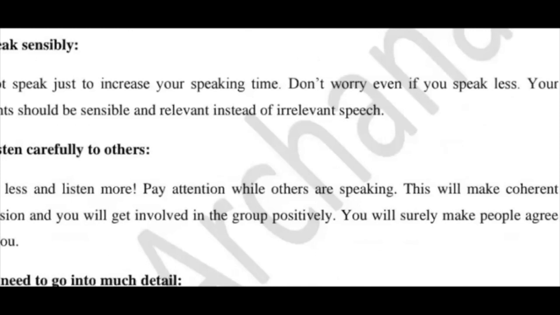Nobody is marking you on how long you spoke. Out of 20 minutes, one spoke for 5 minutes, the others for 3, 2, 1, and 30 seconds. Maybe somebody who spoke for just 1.5 minutes might be the winner of the GD because he spoke sense. Your thoughts should be sensible and relevant.